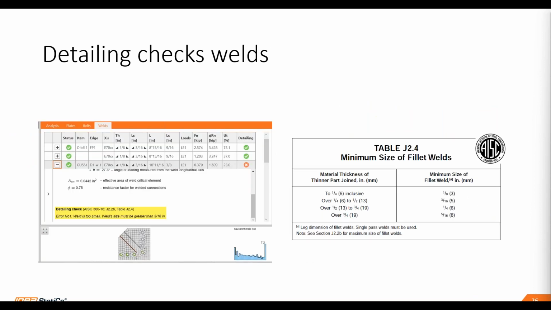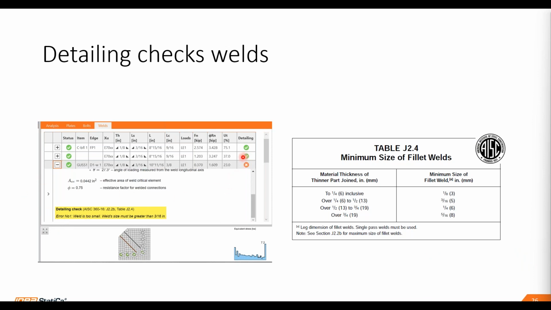When you activate detailing checks for welds, it's the same checkbox. We are going to review the minimum size of fillet welds depending on the thickness of the plates that you're connecting. So we use this table to review that check.